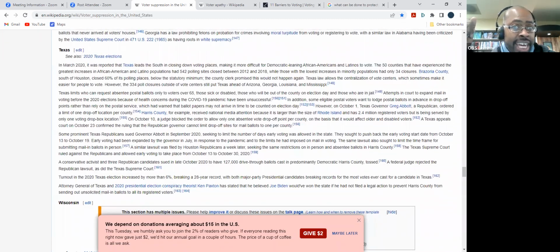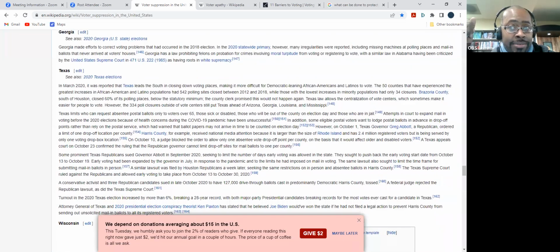So we have several cases in Texas where polling places were closed, particularly in Democratic-leaning African American and Latino areas, which affected the voter turnout in the state of Texas.